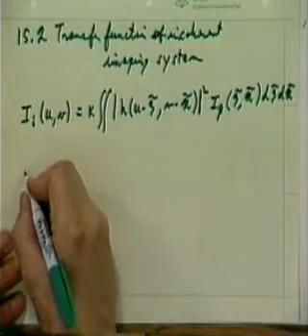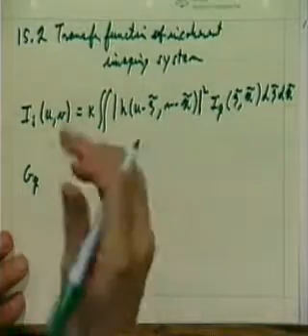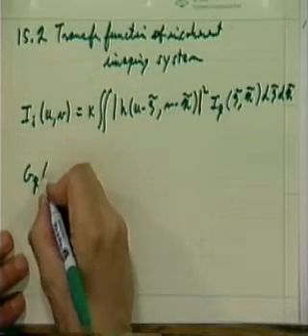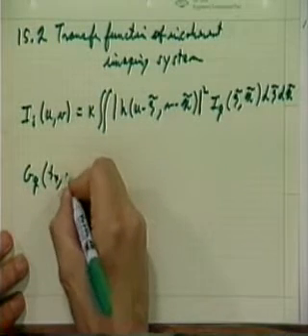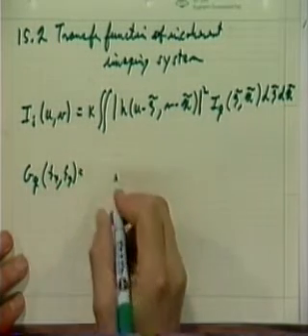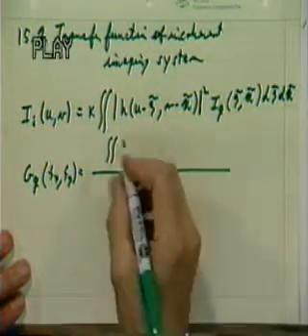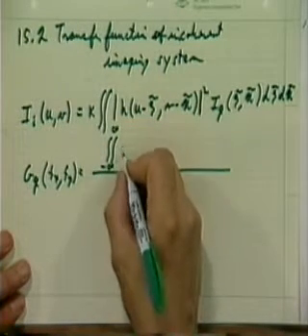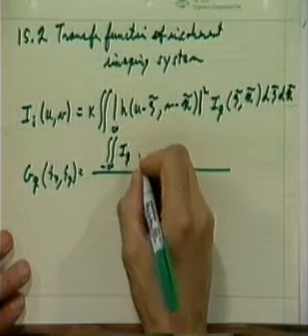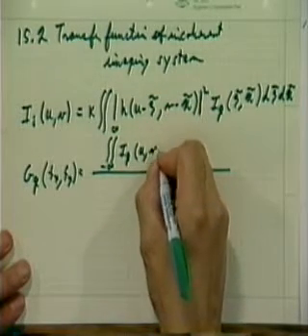And so we have to again go through here and find the spatial frequency content of a perfect geometrical image. So g sub g, f sub x, f sub y is equal to, up here, we're just going to take the Fourier transform of the intensity distribution for the perfect geometrical image.